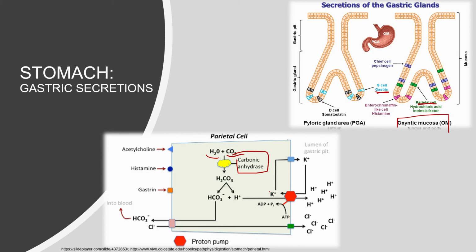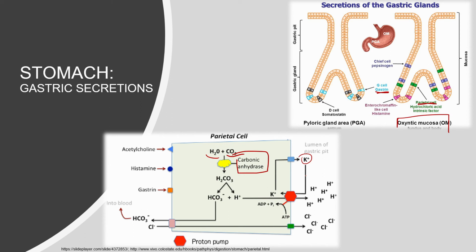K+ ions, potassium ions, diffuse into the canaliculus, right? So we have potassium ions in the canaliculus, in the lumen of the gastric pit.